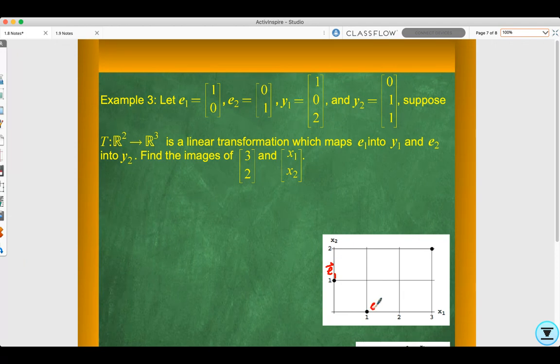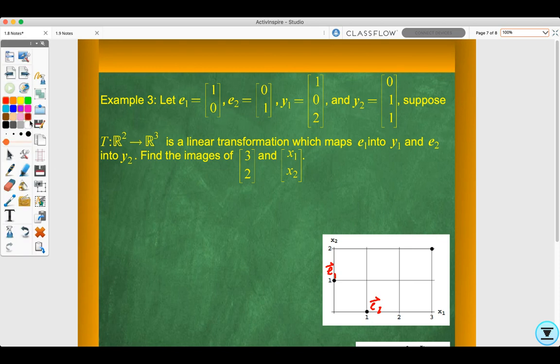This right here is e2. Okay, so that's what we have in there. What we want to do is our transformation of e1 equals y1, and our transformation of e2 equals y2.